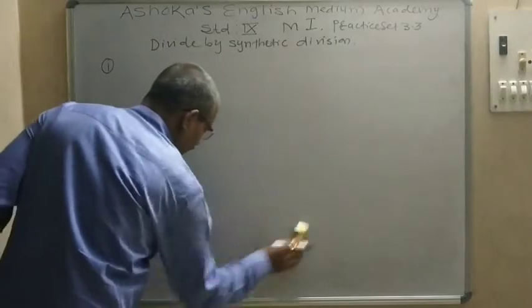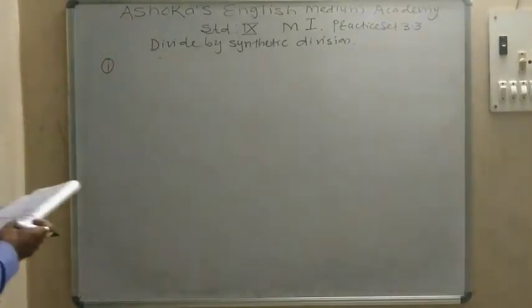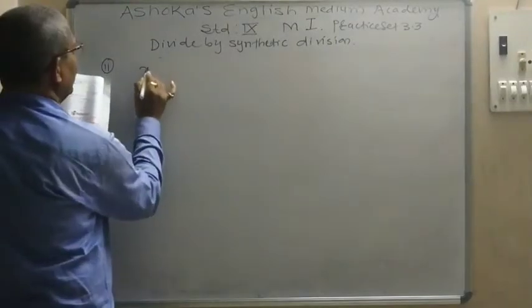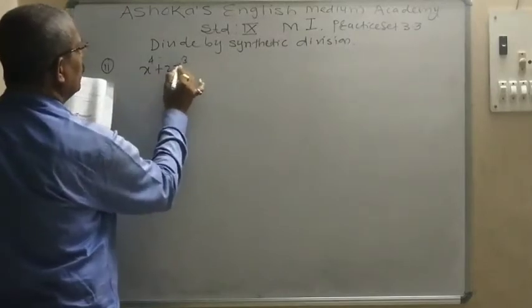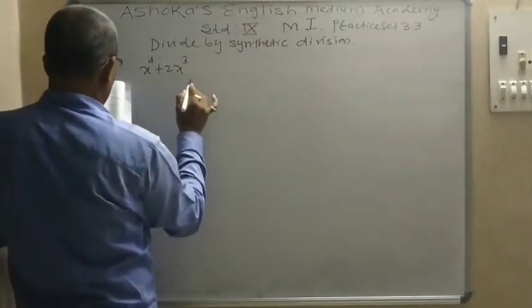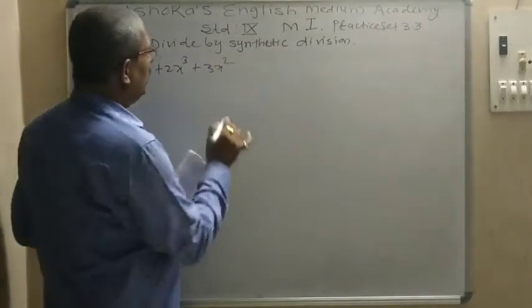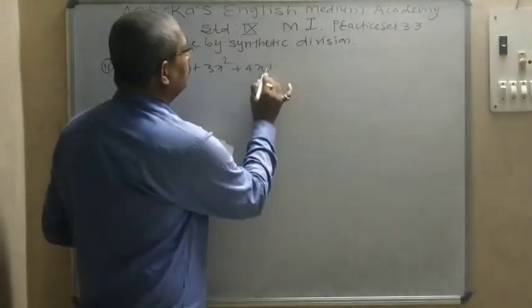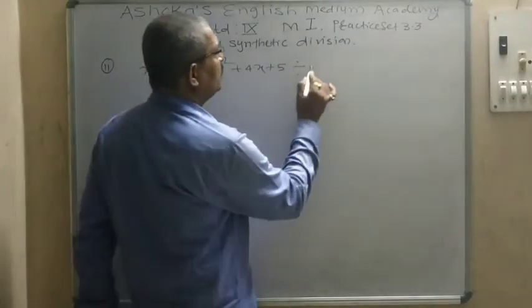Now we are going to solve the second question. You may write it. Second question, please read. What is given in the second question? x raised to 4 plus 2x cube plus 3x square plus 4x plus 5 is divided by x plus 2.